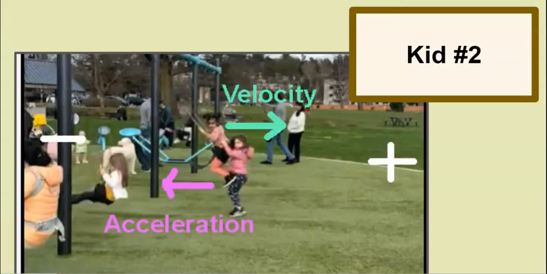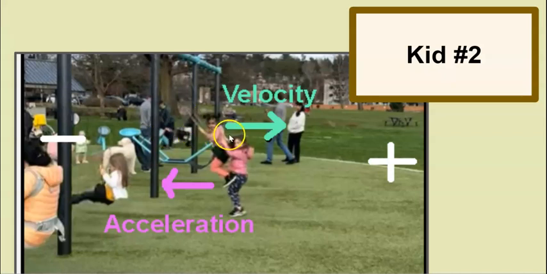Okay, and then when the friendly person on the ground tried to push on the person on swing number two, in my mind, they started to push a little too soon.